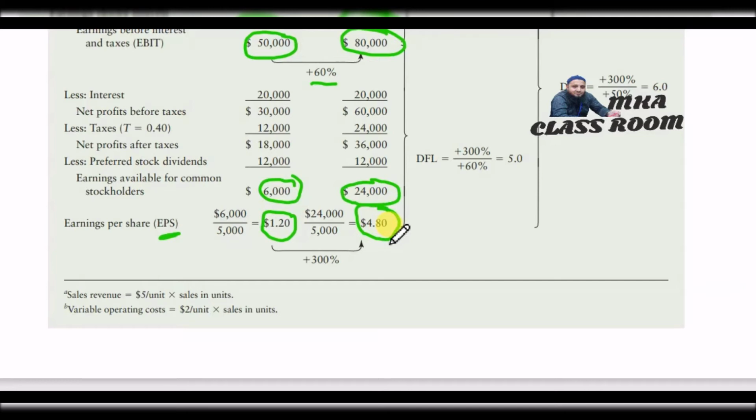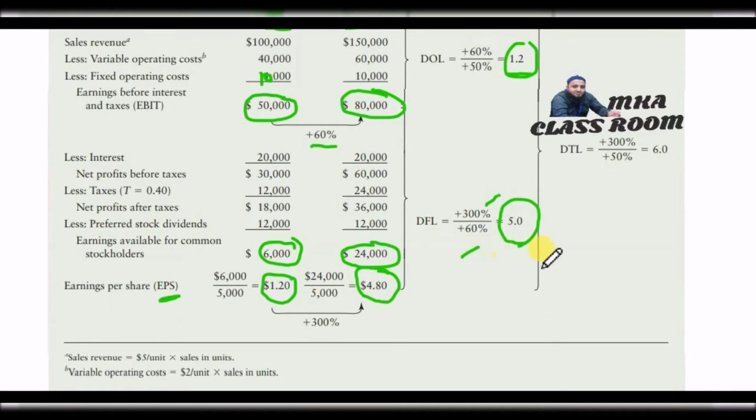300% increase in our EPS. Then DFL is percentage change in EPS divided by percentage change in EBIT. So our EPS change is 300%, EBIT is 60%. Then our DFL is 5.